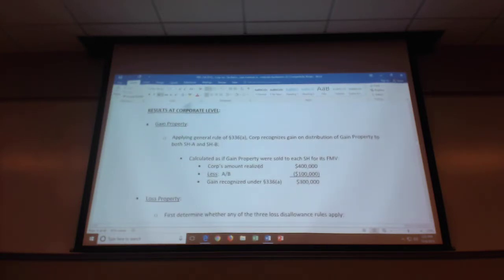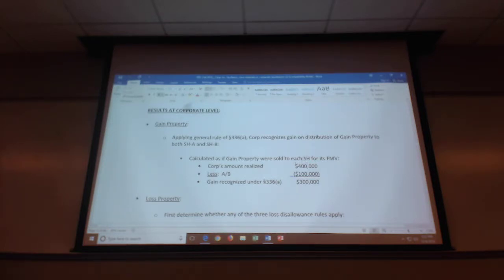Okay. So when you look at this at the corporate level, you have to ask yourself, are there gain assets or loss assets? And here we know we have one gain asset. The general rules that we've already talked about kick in. The fact that there are loss assets does not affect what happens to the gain asset.